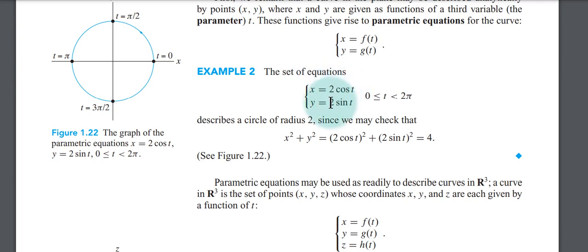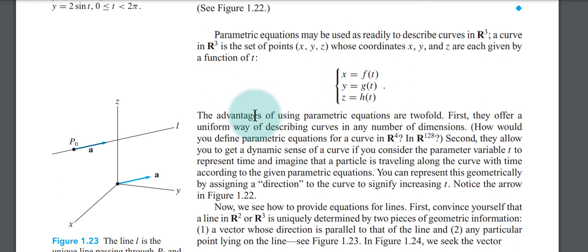And the same thing here in this kind of confusing example. As t increases, at t equals 0 the point is here, and then it moves along this curve, but in this direction. So she says, second, they allow you to get a dynamic sense of the curve. Dynamic means kind of moving in some direction.